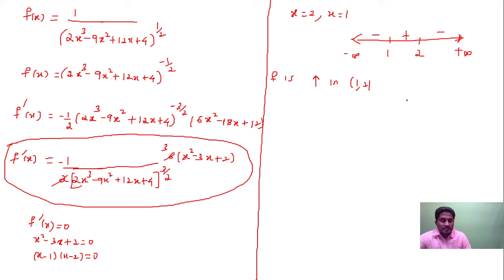So this means it's an increasing function like this. Between 1 and 2 it is increasing. This is f of 1, this is f of 2, so obviously this integral I lies between f of 1 and f of 2.